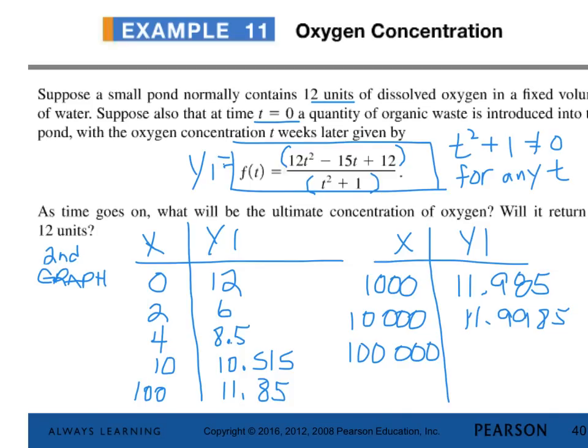This oxygen has only risen to 11.9985. And the fact of the matter is, I don't care how large you let x be, the amount of dissolved oxygen in that fixed volume of water in the pond is never going to return to 12 units.